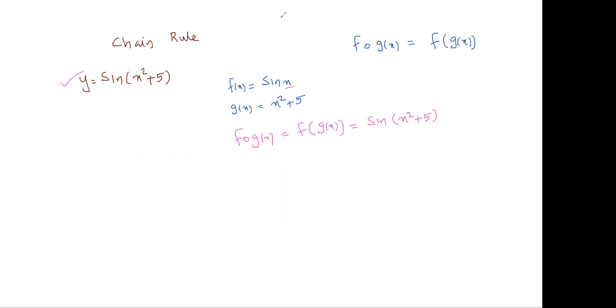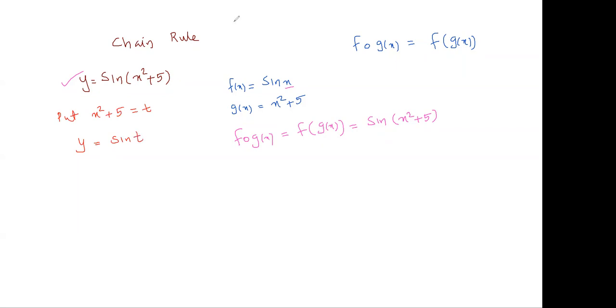So in the normal case, what we are doing is, theoretically, put x square plus 5 equal to say some t. So your function will become y is equal to sin t.